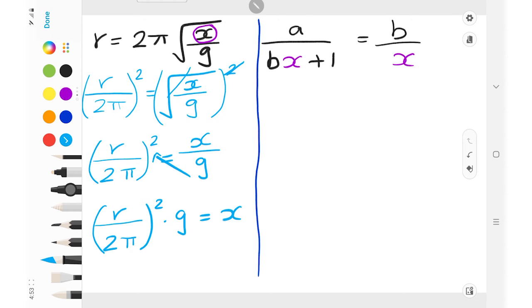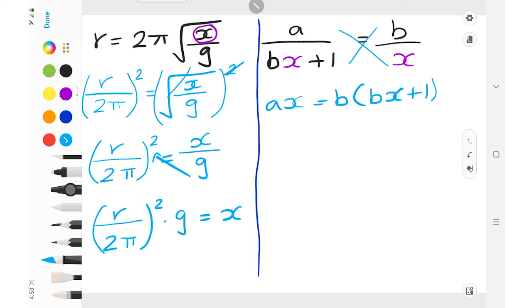Here I have two x's, but at the end I will get only one x. So simple. First of all, cross multiplication. Whatever comes to your mind first when you look at this is cross multiplication. I can't do anything else. I can't bring the b divided by x beside there and subtract it from this. It doesn't make any sense. So I will do cross multiplication.